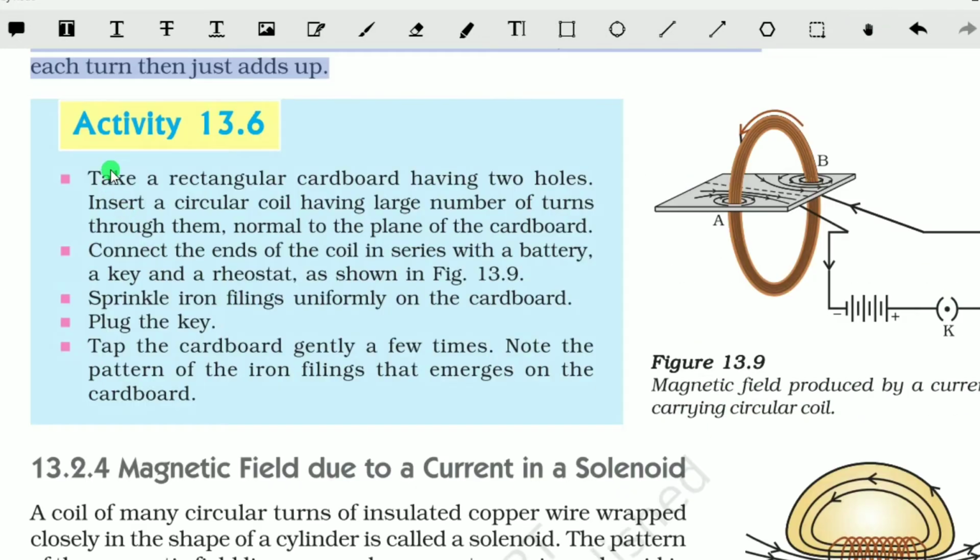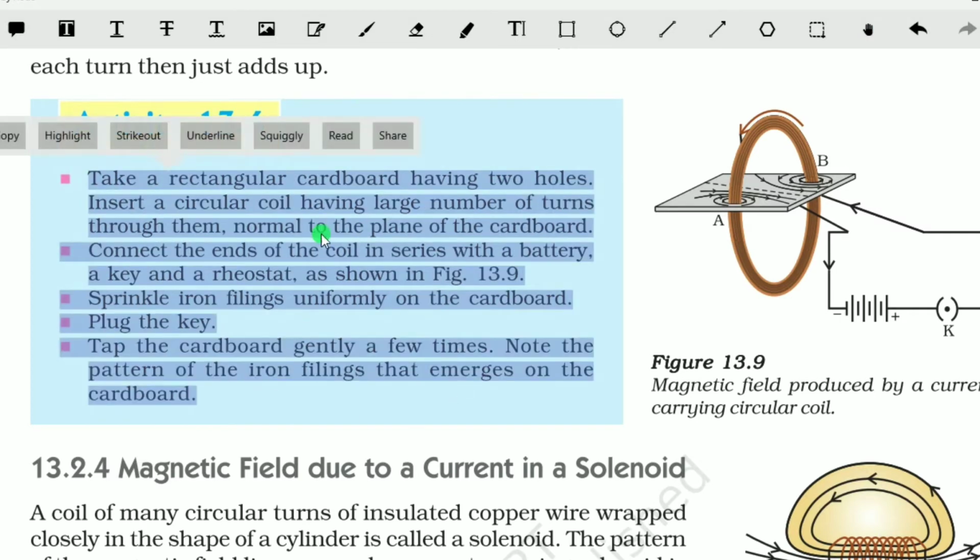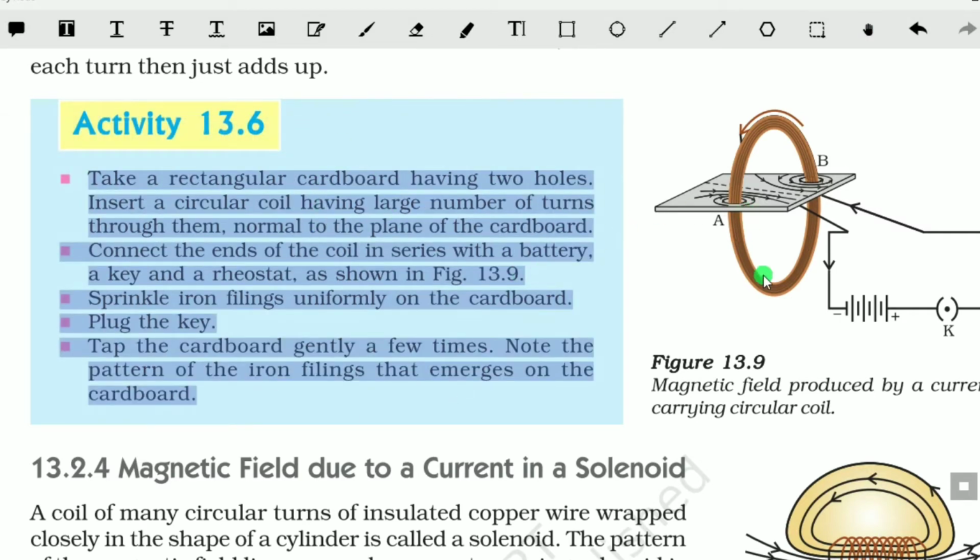Okay. Now, activity 13.6. Take a rectangular cardboard having two holes. Insert a circular coil having a large number of turns through them, normal to the plane of the cardboard. Connect the ends of the coil in series with a battery, a key and a rheostat, as shown in Fig. 13.9.